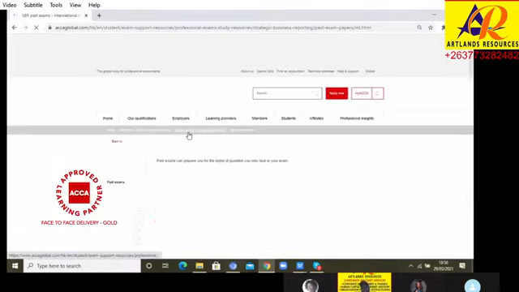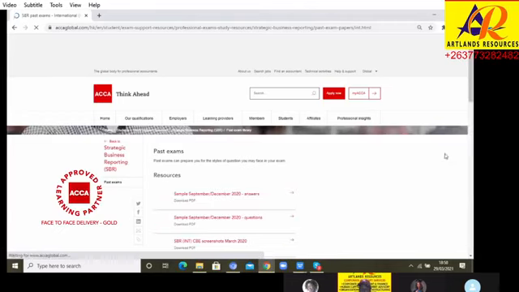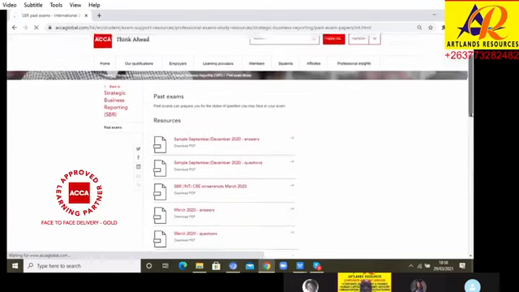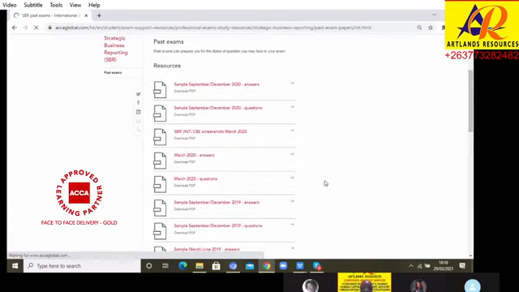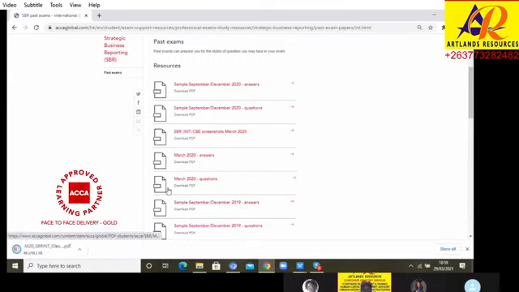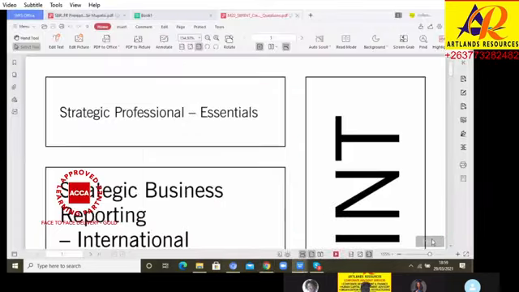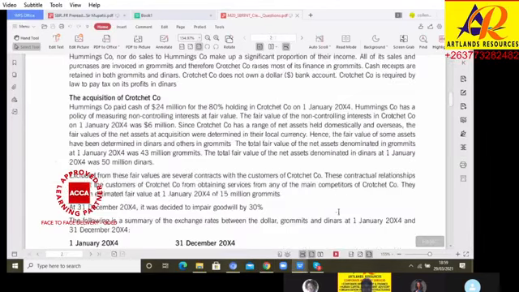Because the manner in which it's downloaded is not ideal. Now this one, let me open it again and see. Okay, so this one is a better paper than how it had opened there.